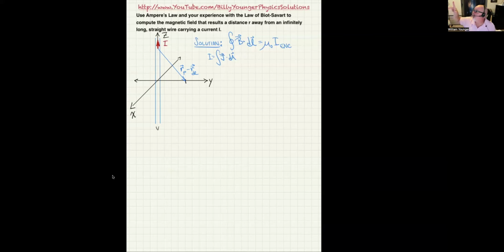The only way we can do that is when my right hand is oriented this way, and I see that my thumb is therefore pointing into the page. So the actual B vector, the magnetic field vector for this particular figure, just points into the page when the point is along the y-axis.